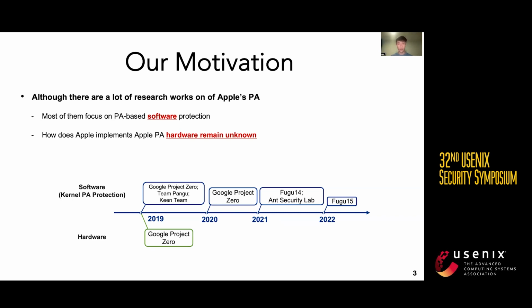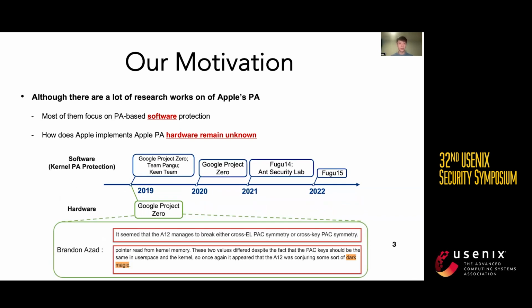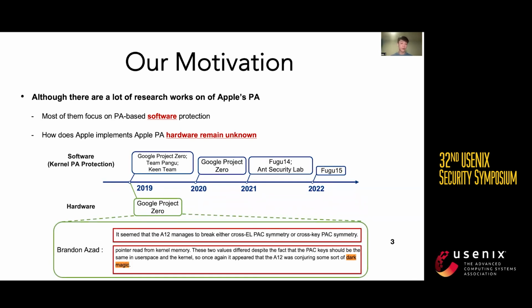In contrast, there's only one research work that has mentioned the hardware side. It's the work done by Brandon Azad from Google Project Zero. And Brandon discovered that Apple customized the pointer authentication hardware to achieve cross-EL and cross-key attack mitigation.